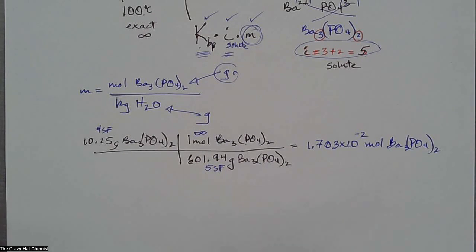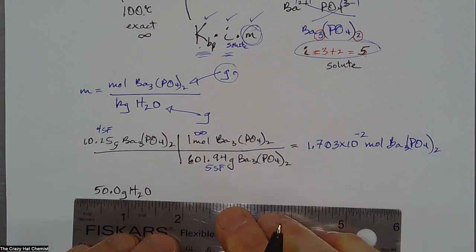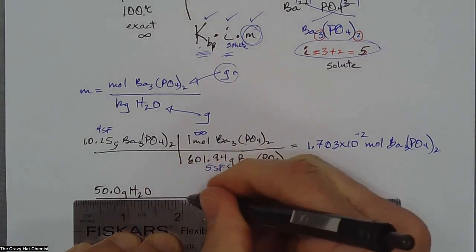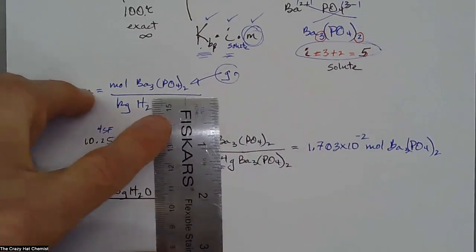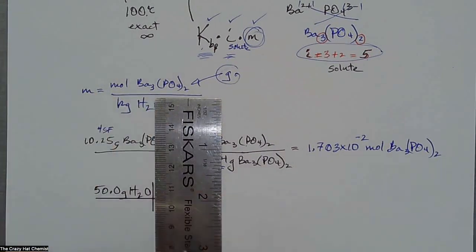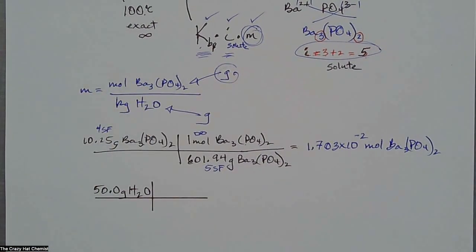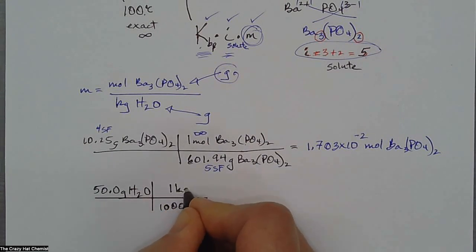Now we're going to get our kilograms of water. The given value here is 50.0 grams of water, and we're going to convert this into kilograms of water. Pulling out that ruler again finally, so that we have nice lines. We take 1,000 grams of water is equal to 1 kilogram.